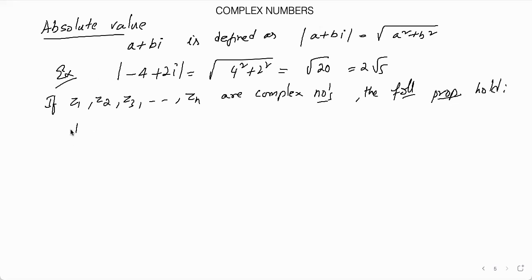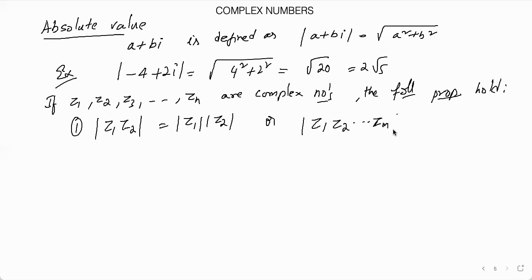That is, mod of z1 z2 is equal to mod of z1 times mod of z2, or if we have n number of those, they will be multiplied again, mod of z1 z2 up to zn.